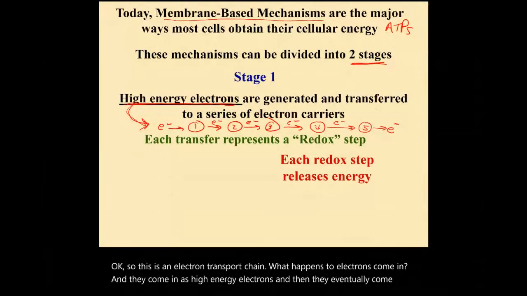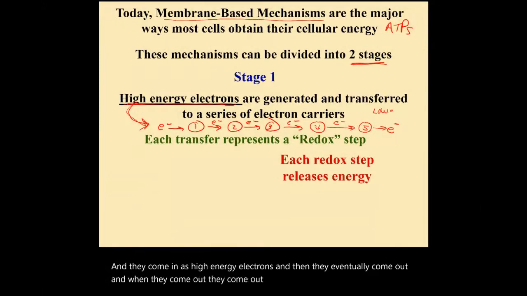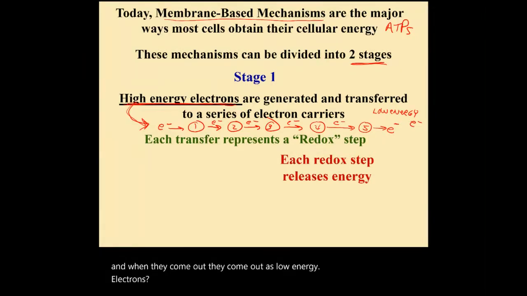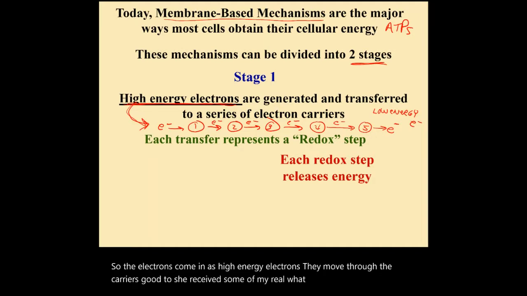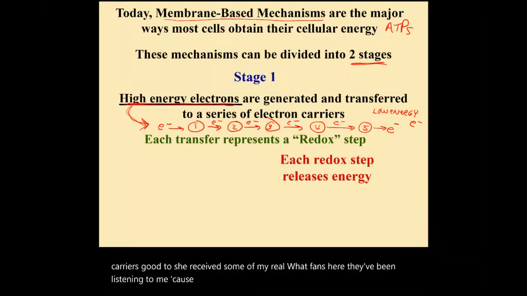as low energy electrons. Do the electrons come out happy, or do they come out sad? The electrons come in as high energy electrons and move through the carriers. Oh, good. Tashira, some of my real fans have been listening to me, because who else besides Dr. Carol talks about electrons being happy or sad?